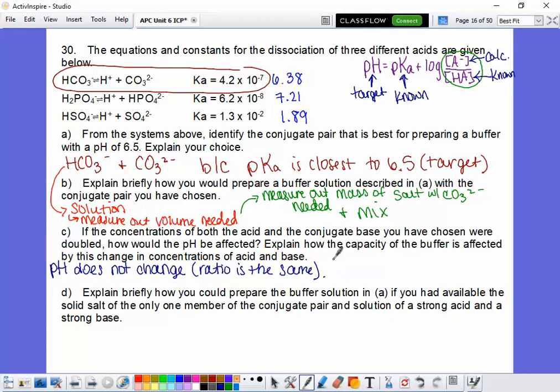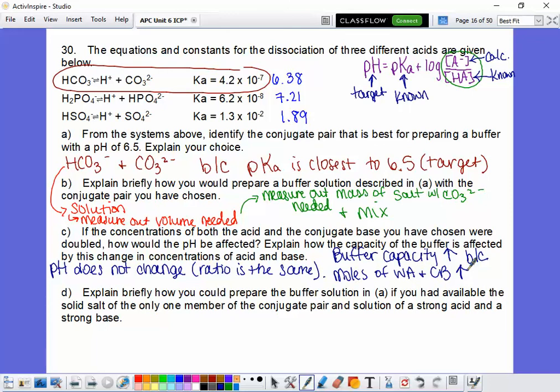Okay? So buffer capacity increases because really it's based on the number of moles of those molecules, the moles of the weak acid and conjugate base increase. Okay.